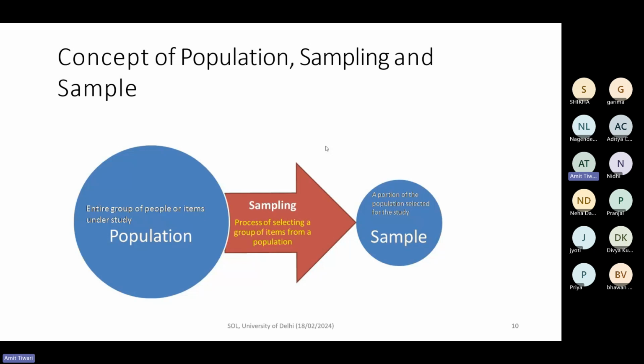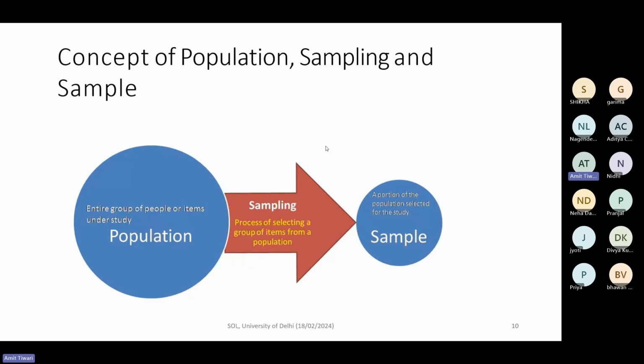You can't go to each and every library and talk to each and every librarian or library professional. So you have to get some method to minimize your effort and get maximum results. For that you go for sampling.